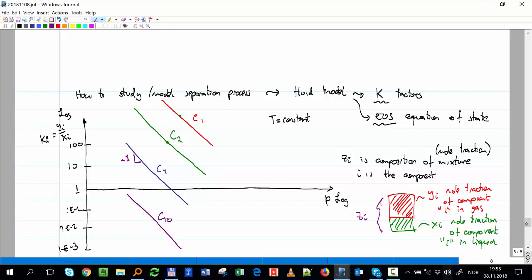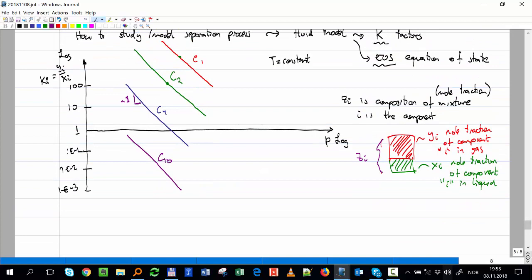And that was a big thing because they had the ratio between the two at the intersection. When they intersect here, where it's exactly 1, you can say that Ki equals PV, the vapor pressure at that temperature, divided by the pressure.